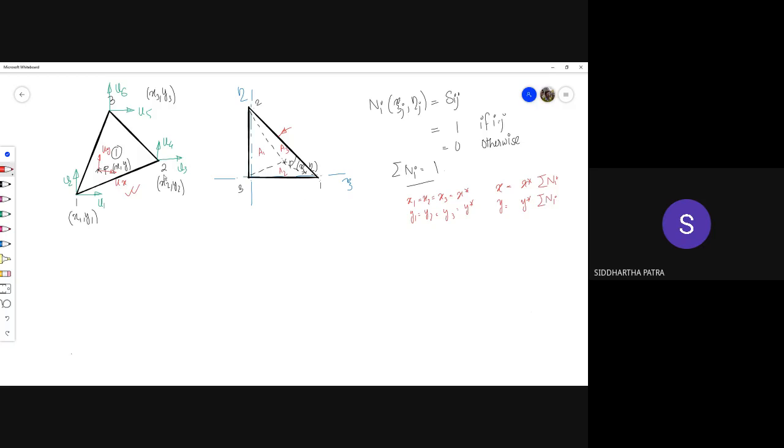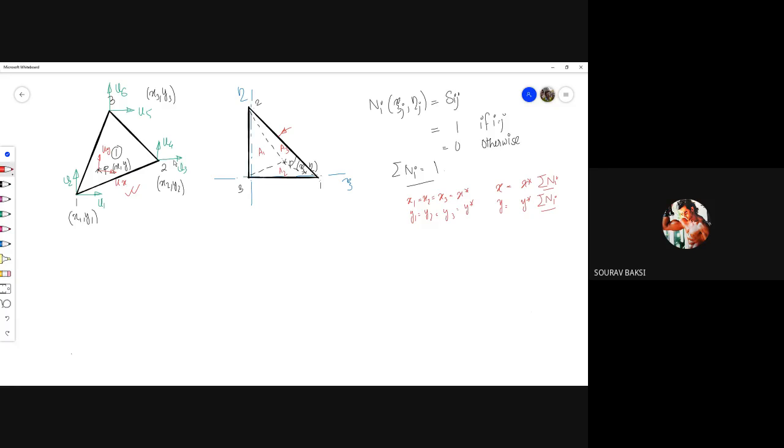And the only way that interior point P is also having the same amount of displacement as each of the nodes is by having this quantity, summation Ni, being equal to 1. If each of the nodes are having the same amount of displacement, then any interior point is also having the same amount of displacement. That's the idea.